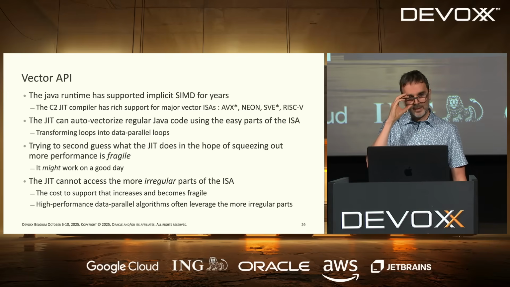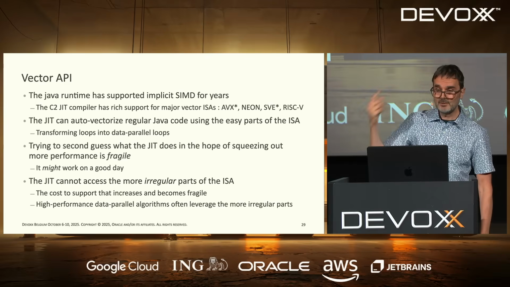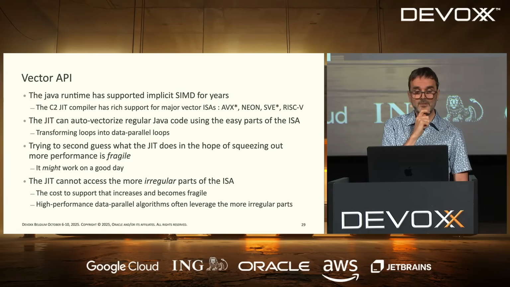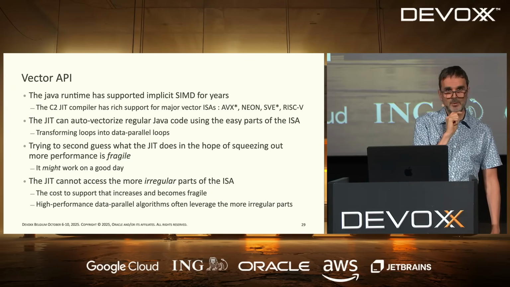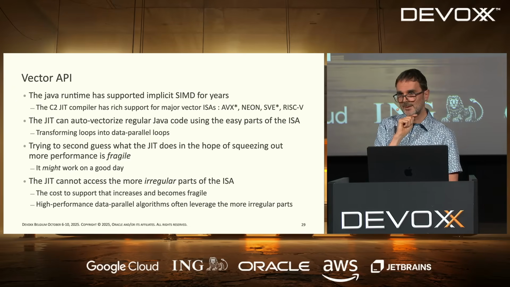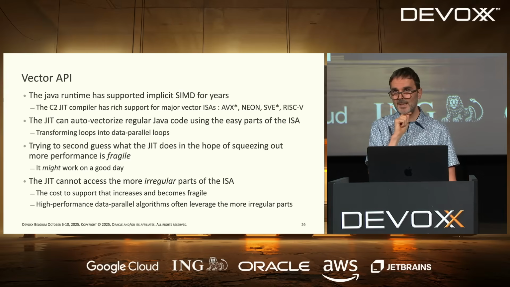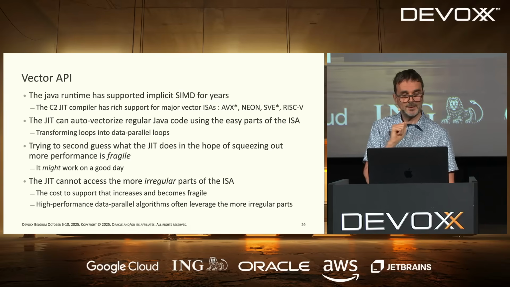The Java runtime itself has supported implicit SIMD for a number of years. The C2 JIT compiler has very rich support for a lot of CPU ISAs out there and vector hardware instructions, and it can auto-vectorize. It's pretty good at this, using the easy parts of the ISA, the easy instructions, transforming loops into data parallel loops.